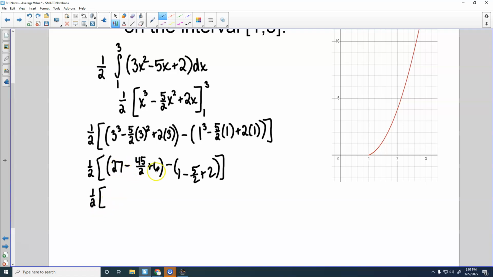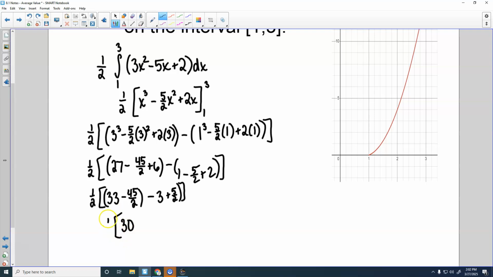So 27 and 6 is going to give me 33, minus 45 over 2. I'm going to go ahead and distribute here. We got negative 3 plus 5/2. And so 33 minus 3 is just 30.